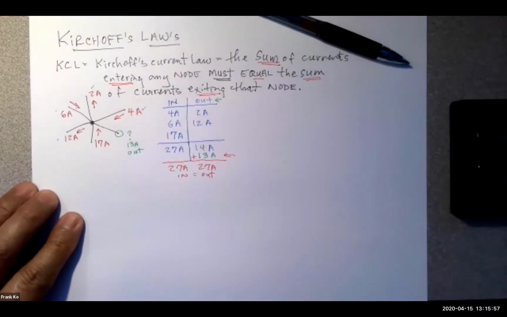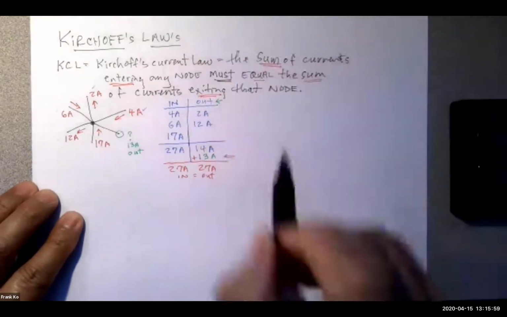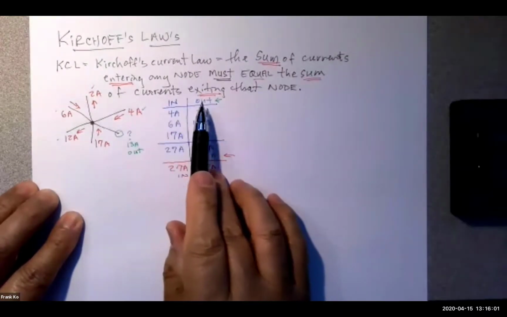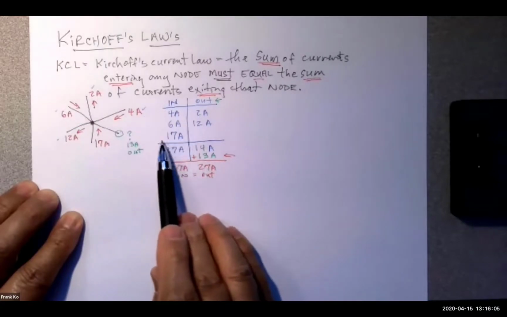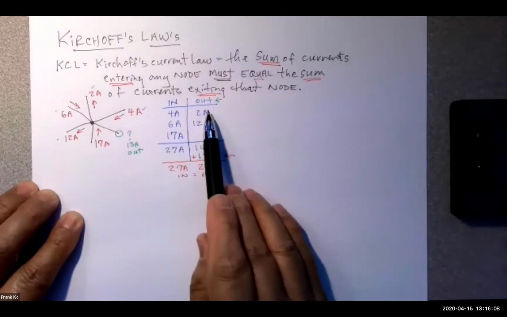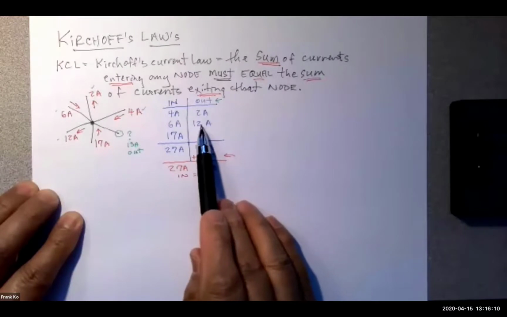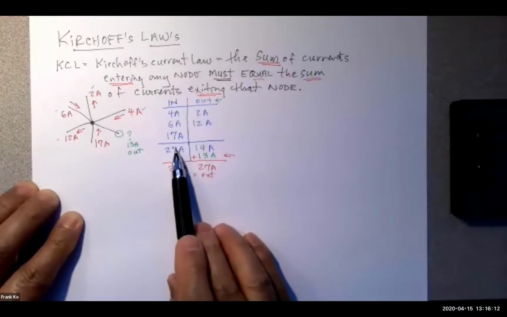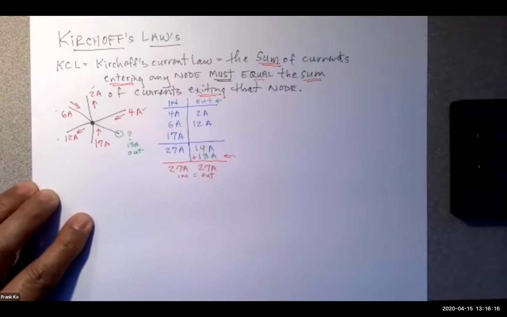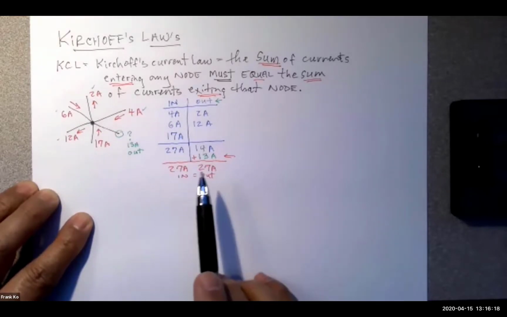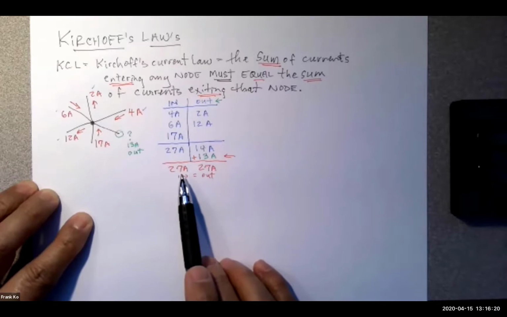So the method of doing this is very simply: set up an in and out chart, mark down all of your inbound currents in the in column, mark down all of your outbound currents in the out column, tally them up. Is one side equal to the other side? If one side is not equal to the other side, there is a missing current. What is that missing current and which column is it in?